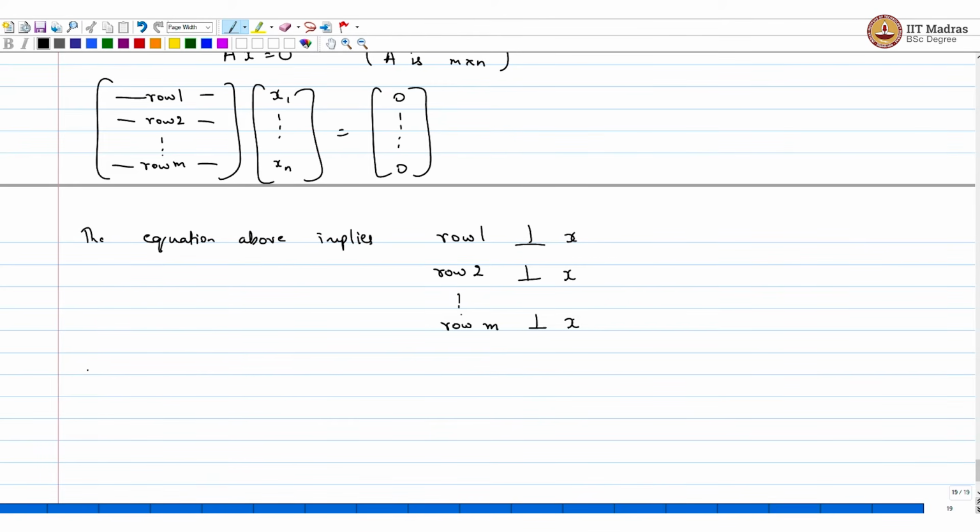Thus, any linear combination, say C1 row 1 plus C2 row 2 and so on plus Cm row m, will be orthogonal to x.